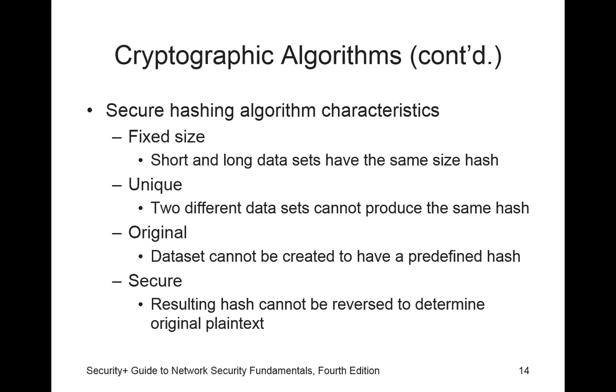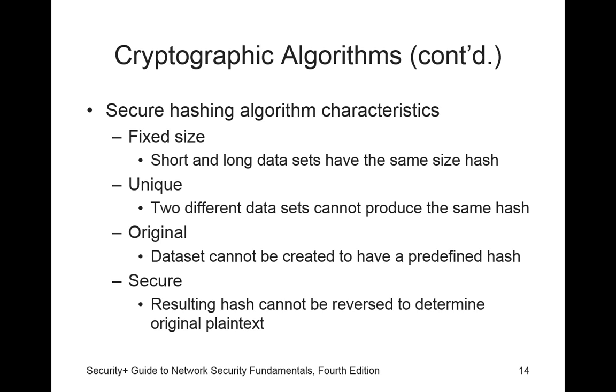Then we have secure hashing algorithms, which are fixed size. They're unique, they're original, and they're secure. What does the fixed size mean? They're the exact same size as the hash. Unique: two different data sets cannot produce the same hash.